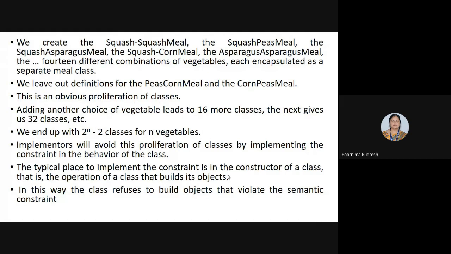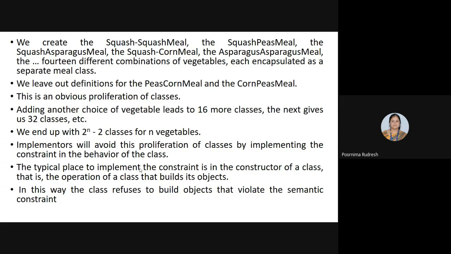So one approach is implementing the constraint in the constructor of the class itself, right? But an alternative method for capturing the constraint in the constructor of the class is that we allow the creation of illegal objects with respect to the constraint, and afterwards we check the state of the object in the methods. Clear?